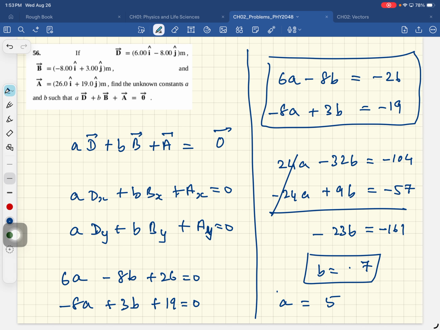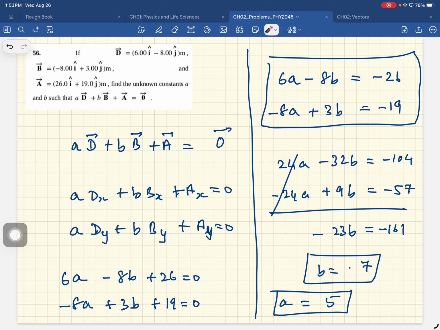D is square root of 4 plus 16 plus 1, which is 4.58.